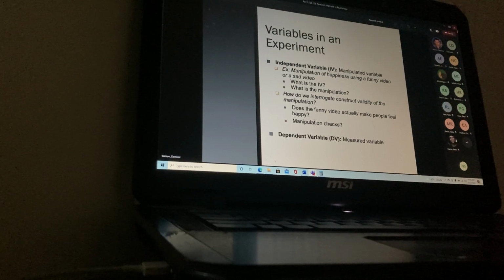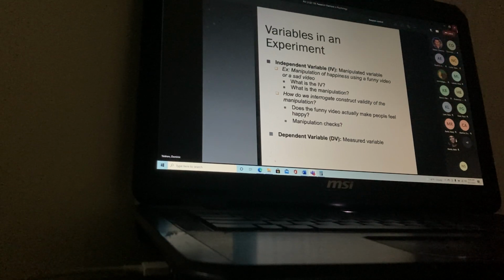So that variable has to be something that the researchers are altering, changing, assigning, and somehow impacting the participants in some way that they would otherwise not be exposed to.